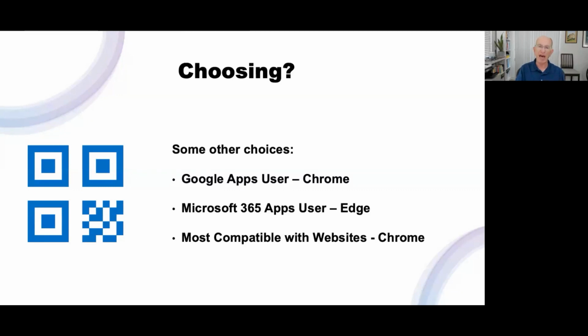The most compatible browser with websites is Chrome. There's a reason for that: Chrome is built on a foundation underneath it called Chromium, which was made and developed by Google, but they then made it open source. Edge also uses Chromium as well.